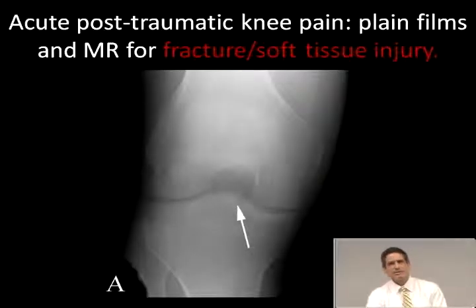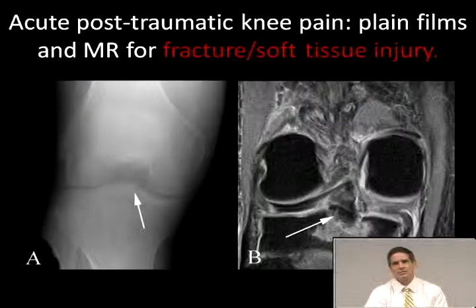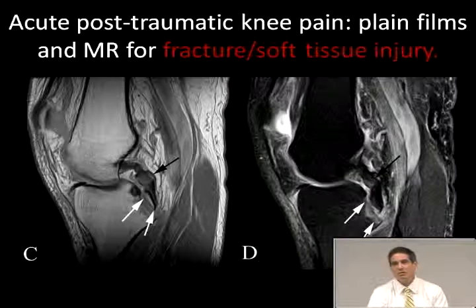The other thing is, if you see a fracture on the plain film exam, you know that there's some high likelihood of a significant soft tissue injury that requires instrumentation, even if the fracture doesn't, then you get the MR. So in this case, A marks a fracture of the tibial plateau along the tibial eminences, and you know that there's some pretty significant soft tissue structures associated with the tibial eminences. It's not exactly where the cruciate ligaments come in, but it's close.